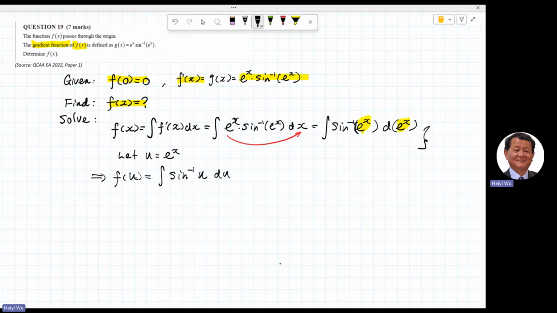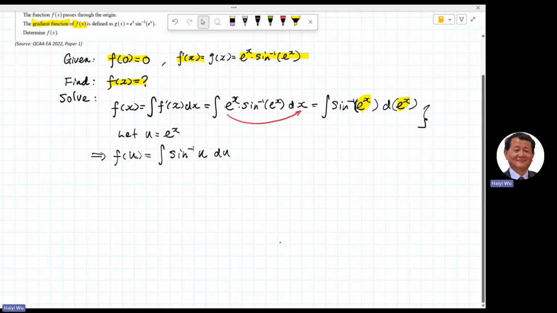So that's a lot simpler. Next step, I'm going to use integration by parts, because for this particular inverse sine we don't have a formula. So let's do it using integration by parts.